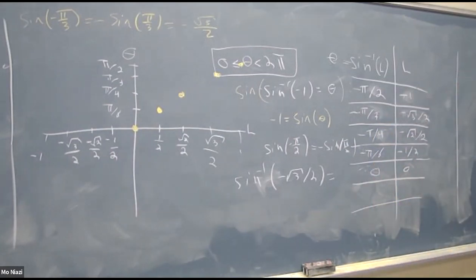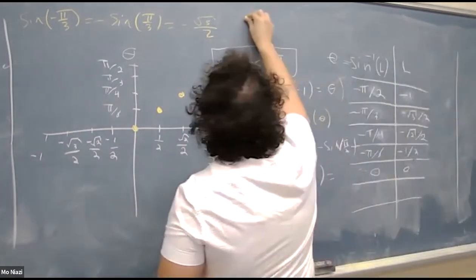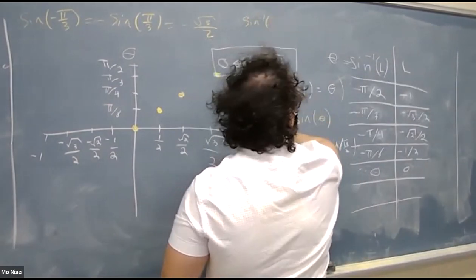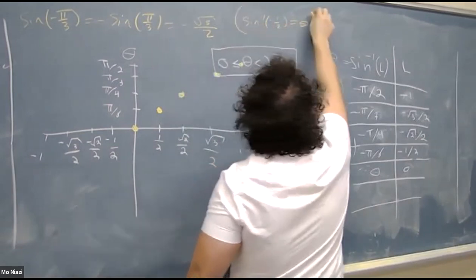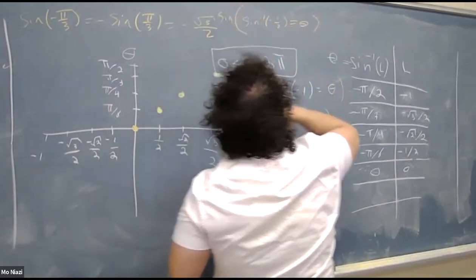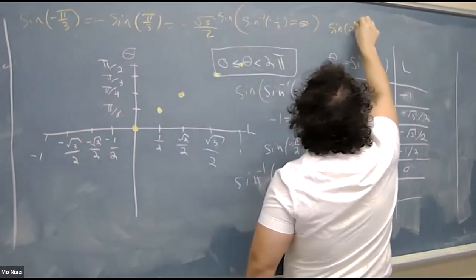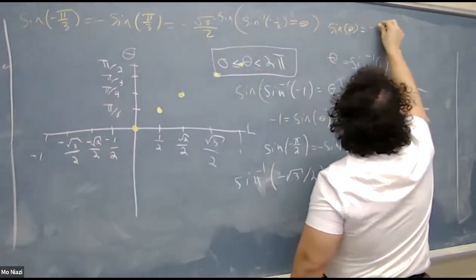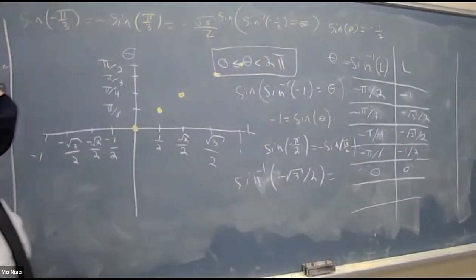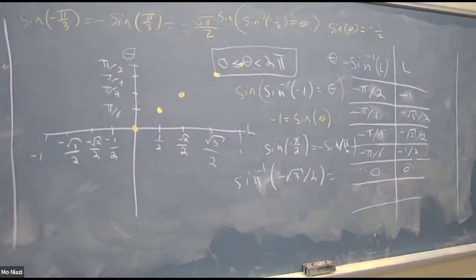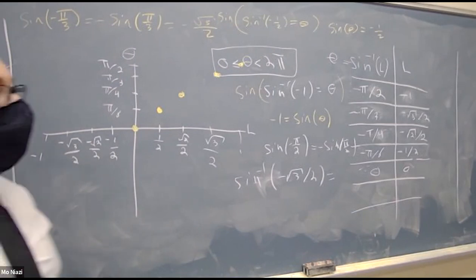0 is 0. Right? For instance, why is sine inverse of negative 1/2 equal to some theta, right? We can take the sine of both sides, and we get the sine of theta is equal to negative 1/2. So it's asking you a question: at what angle is the sine equal to negative 1/2? That's negative pi over 6.